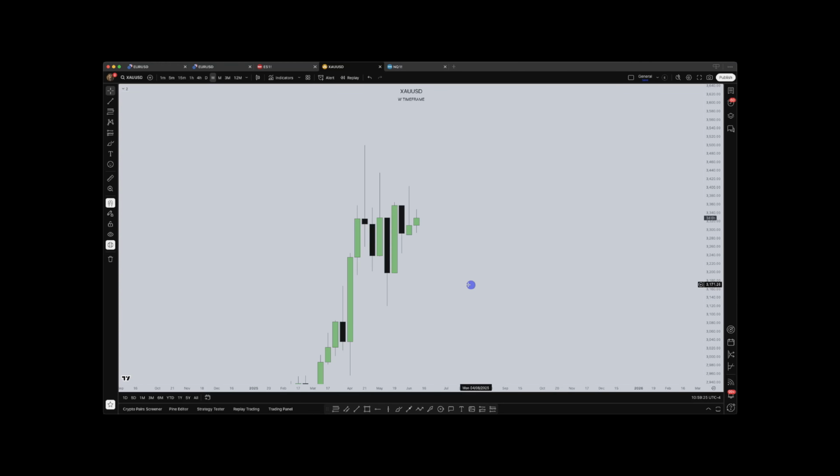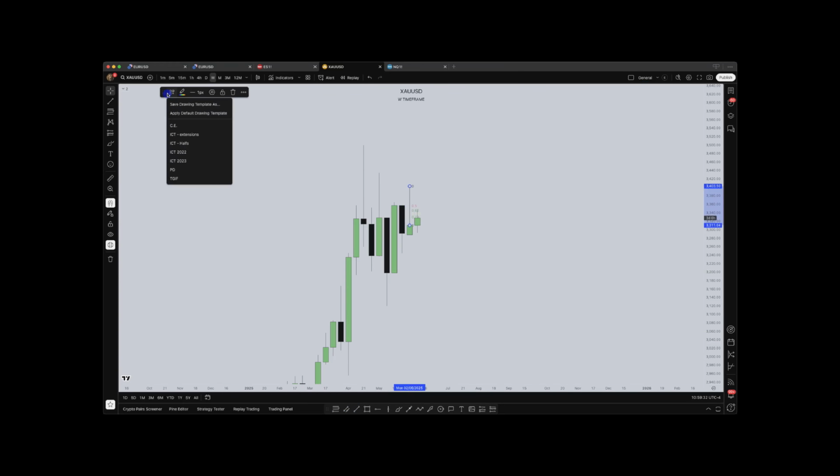So as I said before, I like to mark these midpoints of these long wicks.